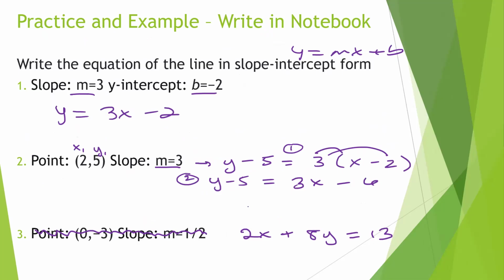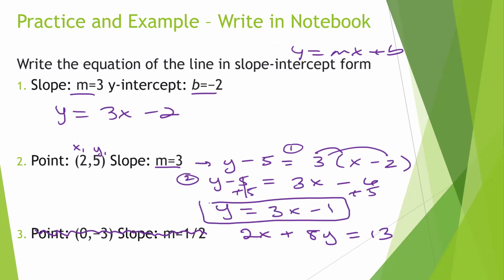What do I need to do to get y by itself? Add 5. Because it's equal, what I do to one side, I have to do to the other. So our form is y equals 3x minus 1. Does that make sense? Okay.